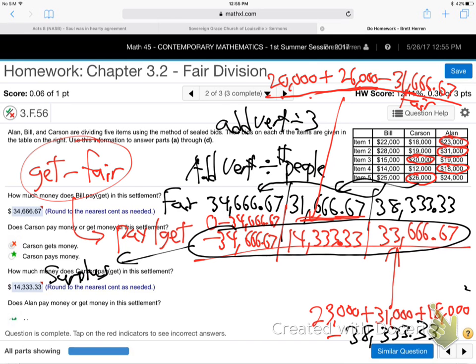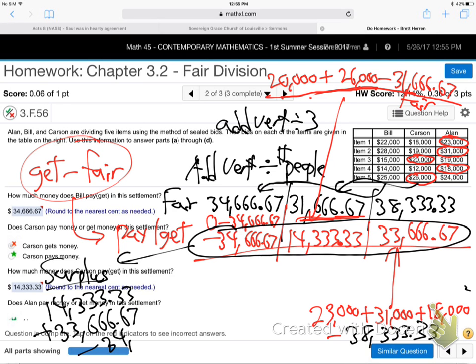So take these 3. Surplus will be 14,333.33 plus 666.67 minus 666.67.